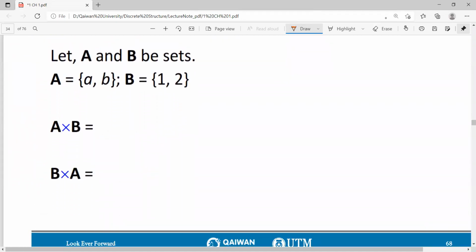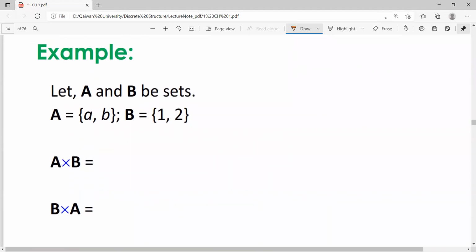Here we have given an example. We have given A and B. A is {a, b}, and B is {1, 2}. To find the Cartesian product of A and B, and also B and A, these are not equal.